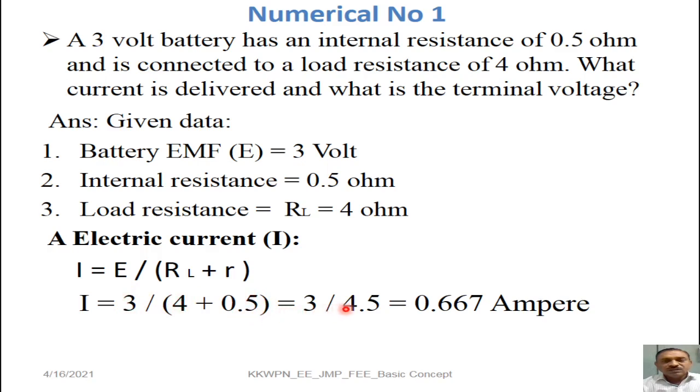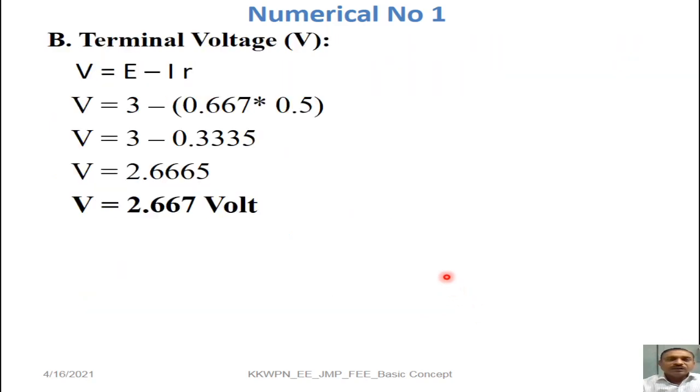Further simplifying, we get 3 upon 4.5. So that is coming as 0.667 ampere. So this much current will be supplied by the battery of 3 volt to the load resistance of 4 ohm.